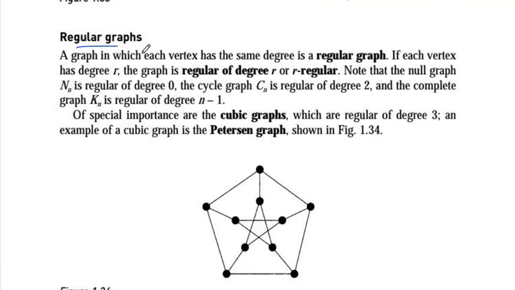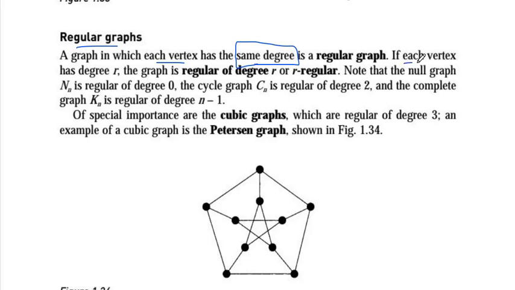Then the regular graph. A regular graph is a graph in which each vertex has the same degree. In the previous discussion we covered the simple graph, which is not necessarily regular. The regular graph definition says the degree of each vertex should be the same.